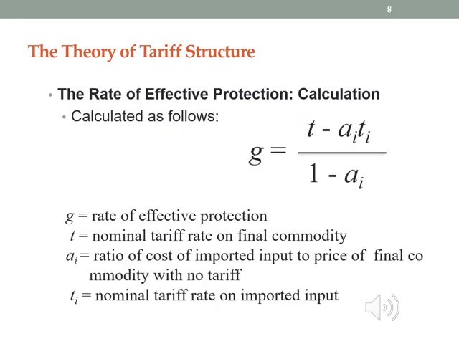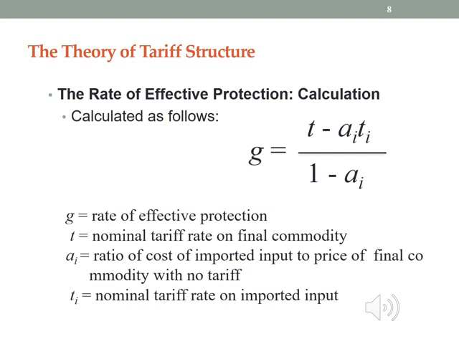In the previous example of suits and wool, we have tried to calculate the rate of effective protection informally. However, luckily, there exists a formula that helps us to calculate the rate of effective protection as follows, where we have G, which is the rate of effective protection, equals T minus AI TI divided by 1 minus AI, where T is the nominal tariff rate on the final commodity, which was 10% in our previous example.